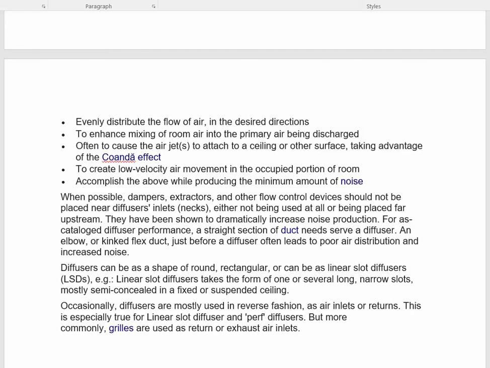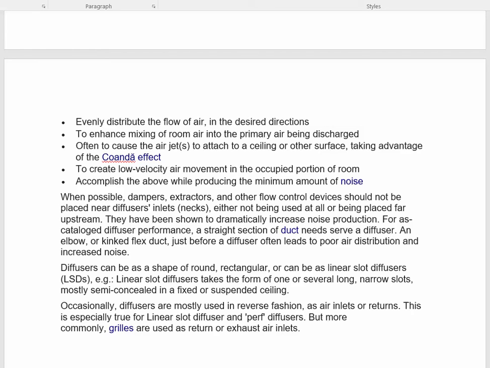For catalogued diffuser performance, a straight section of duct needs to serve a diffuser. An elbow or kinked flex duct just before a diffuser often leads to poor air distribution and increased noise.